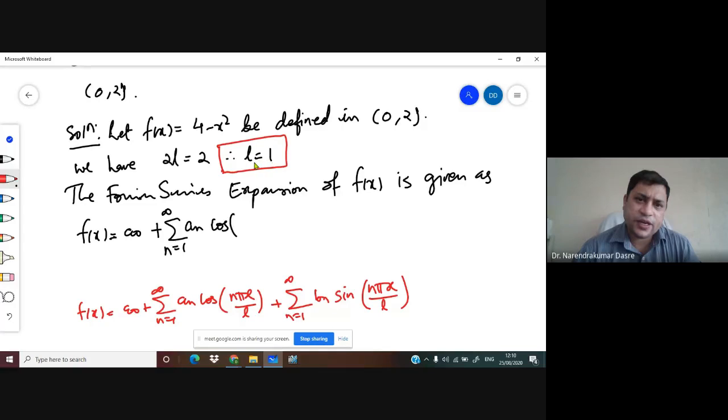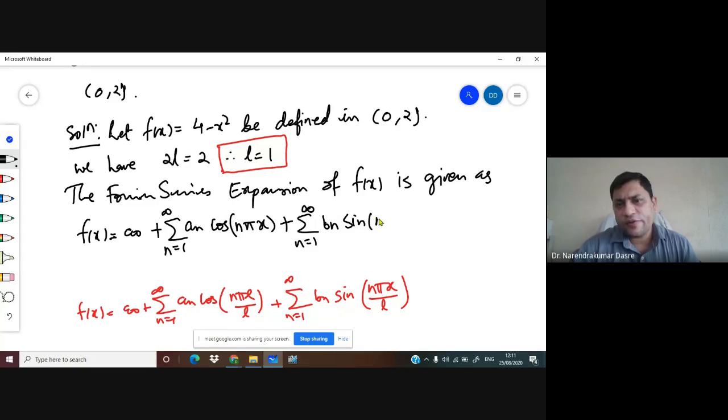Here I have already declared L is equal to 1, so we use this value and get cos of n pi x plus summation n running from 1 to infinity bn sine of n pi x. So this is equation 1.